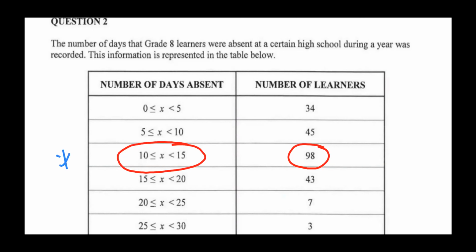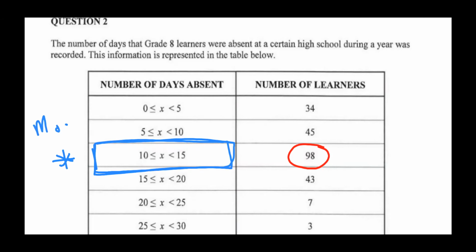So we would say that the modal class is the class of learners that stayed absent between 10 to 15 days. Your answer would be literally just to write down this block. That's your modal class, and I think it's just a 1-mark question.